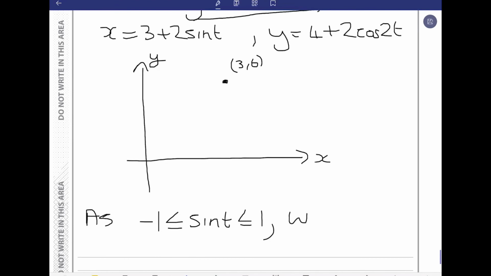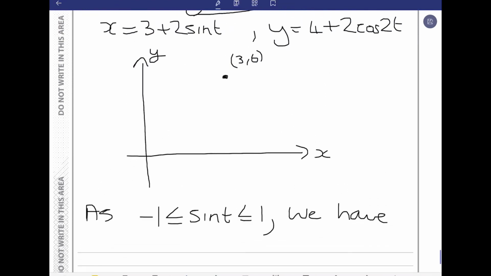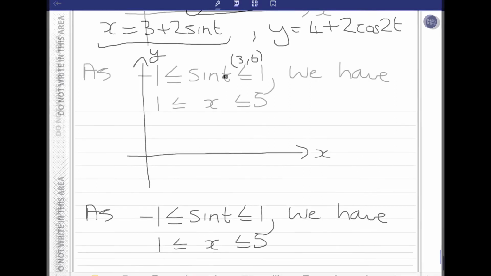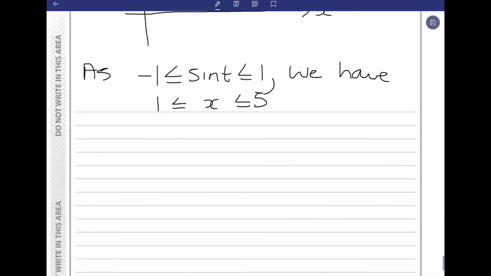Looking at the equation for x, if sin t is minus 1, then x is 1. That's the worst case scenario for sin, if you like. And if sin t is 1, then x is 5. This is our domain.